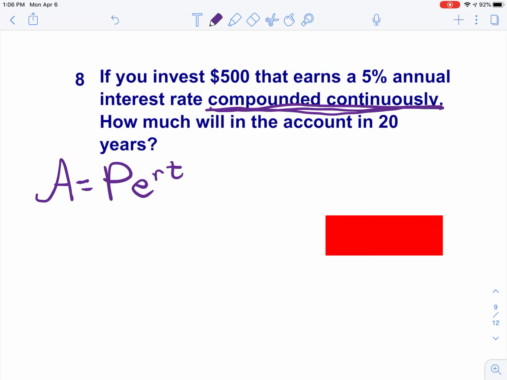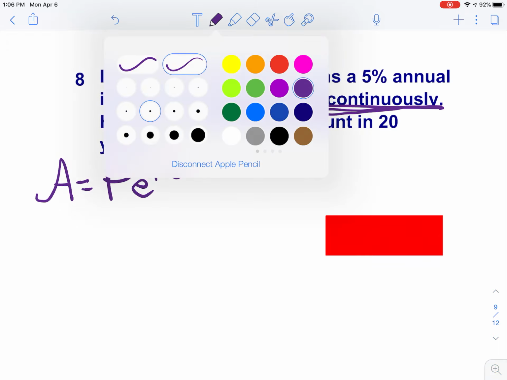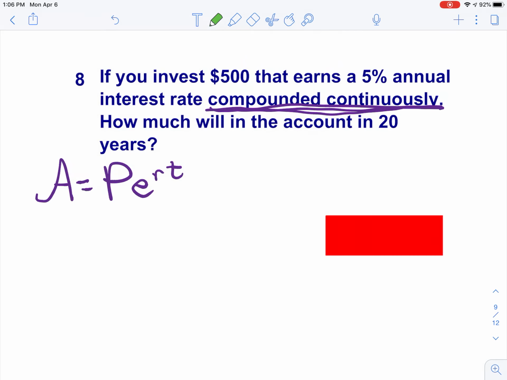So we have to pick everything out of our problem. So this 500 is our initial investment. Our rate is 5%, and 5% as a decimal is 0.05.